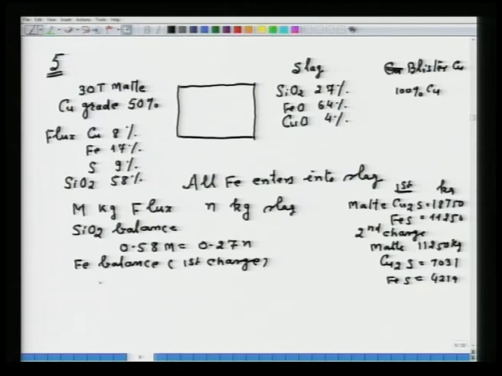If you do the balance, I am straight away writing the equation: 7159 plus 0.17 m is equal to 0.498 n. This is my equation 1, this is my equation 2.